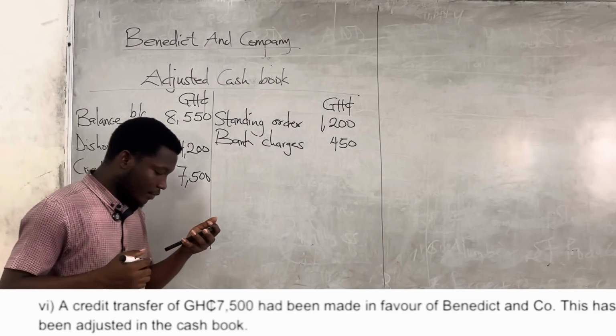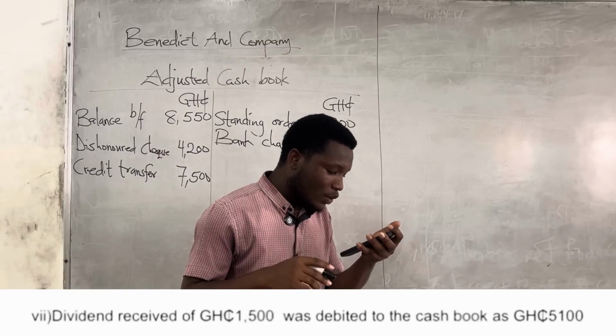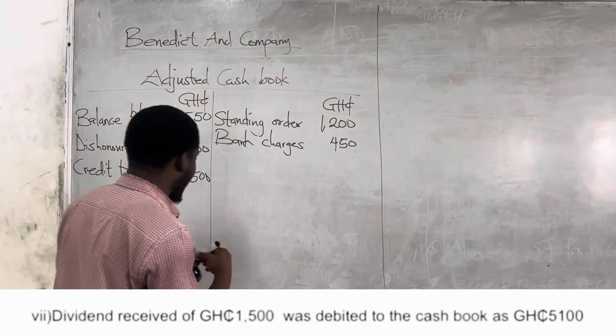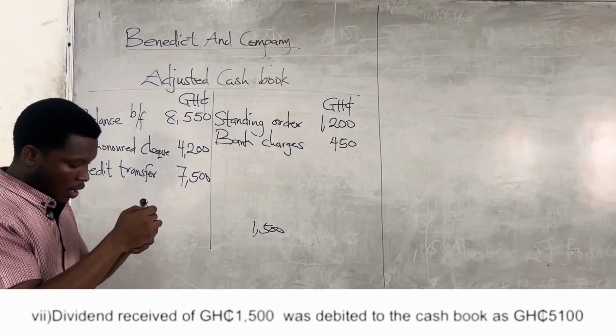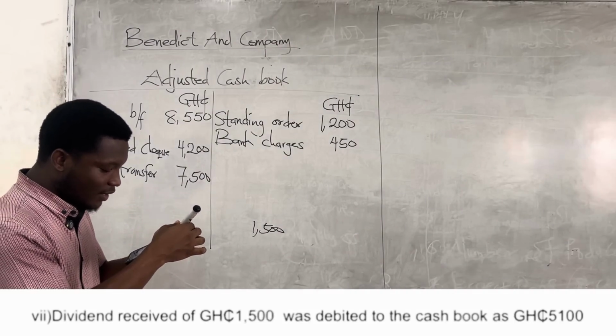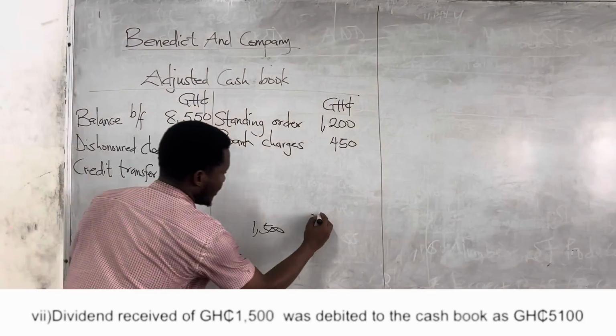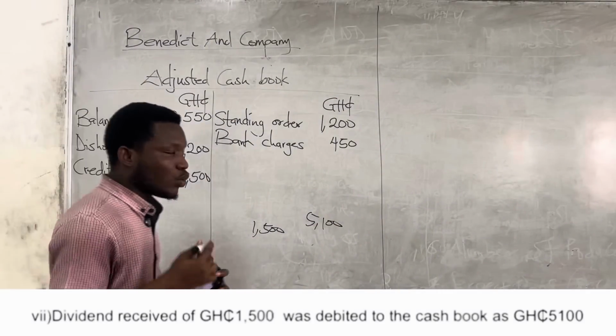The next one, dividend received of 1,500. Dividend received by the bank, 1,500, was debited to the cash book as 5,100. Now, debited to the cash book, it was correct.